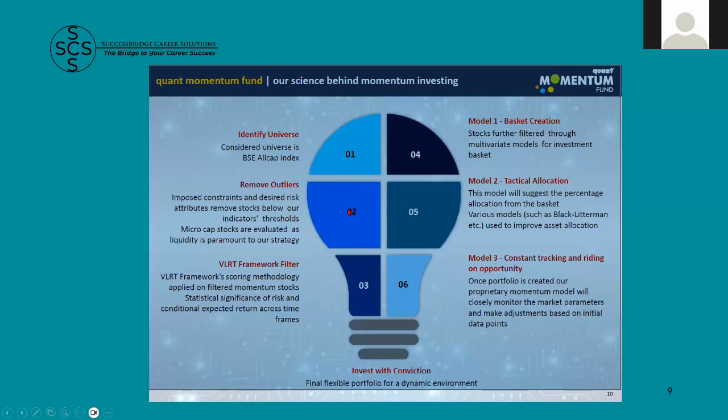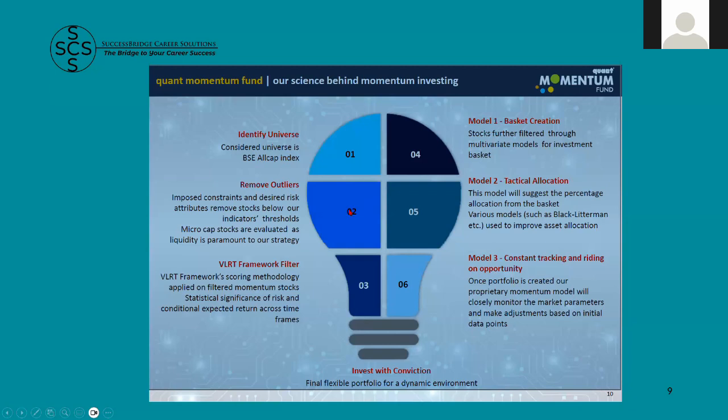Out of that universe of companies, you then apply your criteria and create an investable universe. They have constraints and desired risk attributes, and they remove the stocks which do not meet their thresholds.